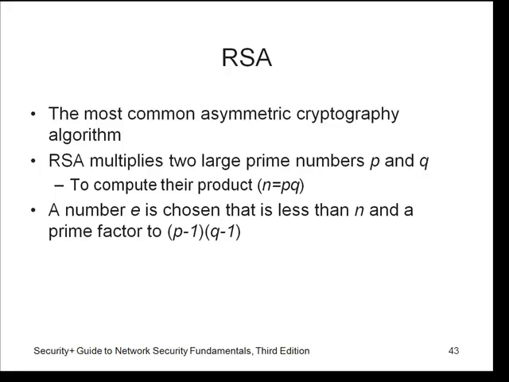The number chosen is less than N and a prime factor to P minus 1 and Q minus 1, and it goes through a whole bunch of math, here's your math, Sam, so that what really happens is one of them has one key and one of them has the other, and when you do a product, you get the same number.